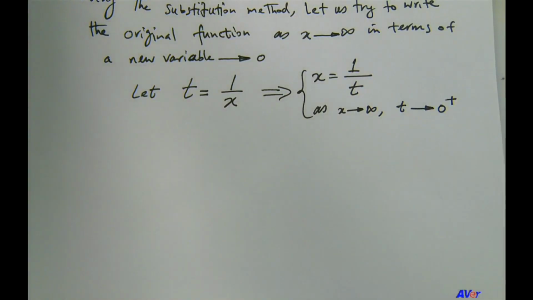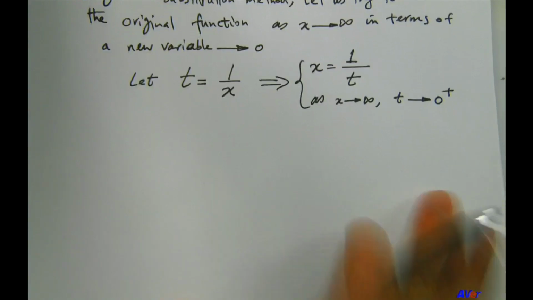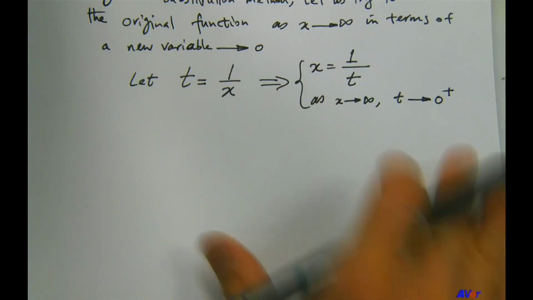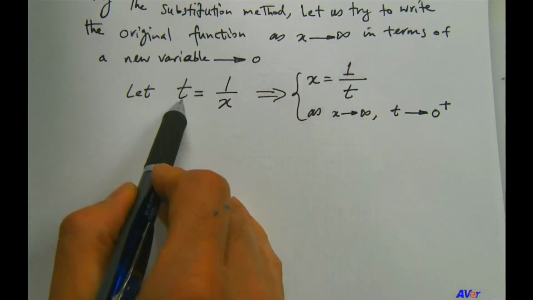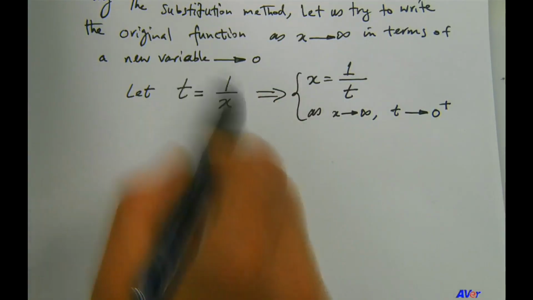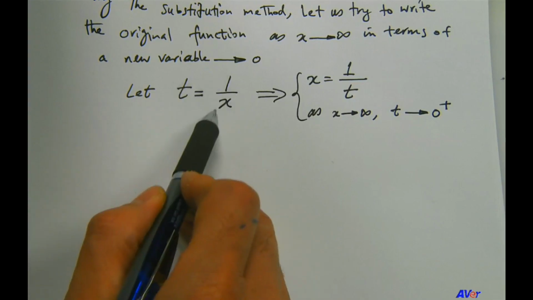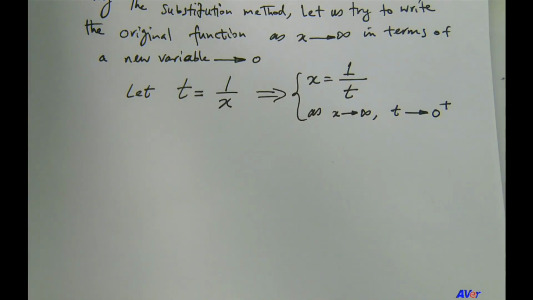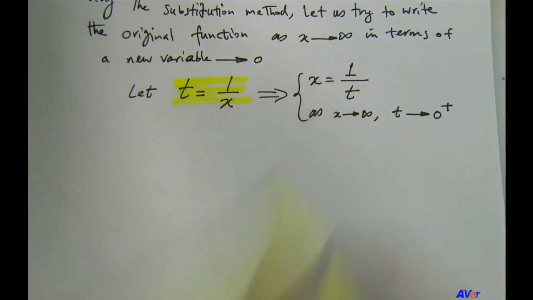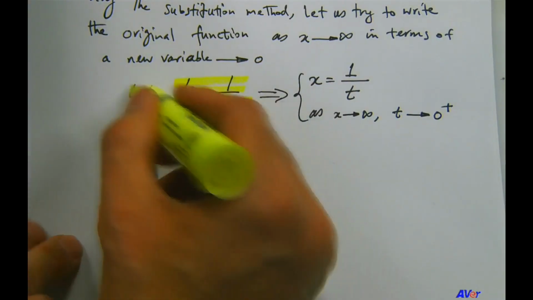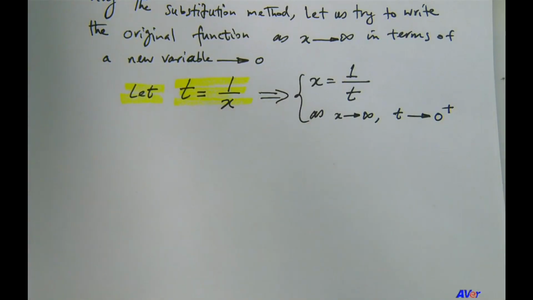So t is approaching 0 from the right. Okay, so we're in the positive values region. Now, given t as a new variable that represents 1 over x, this is the critical step we're taking here. Let t equal 1 over x.